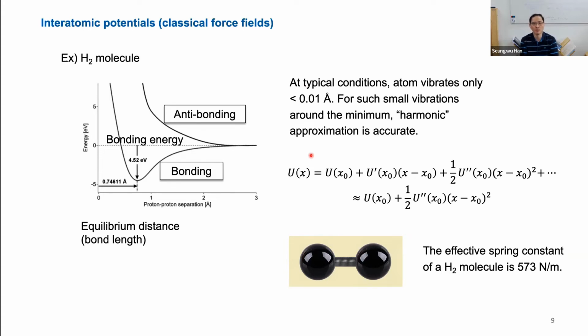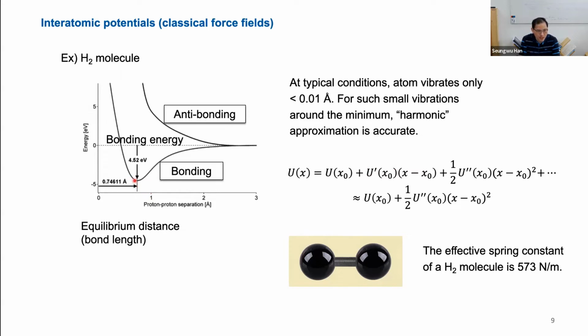It's a very small vibration. Therefore, in such a case, we can expand the whole interaction curve, or potential curve, around the equilibrium distance. So this is the Taylor expansion. This x0 is the equilibrium distance, and we have the constant first, and this is first order.